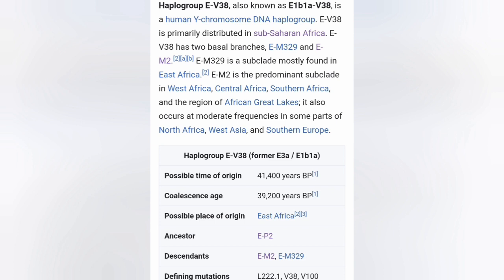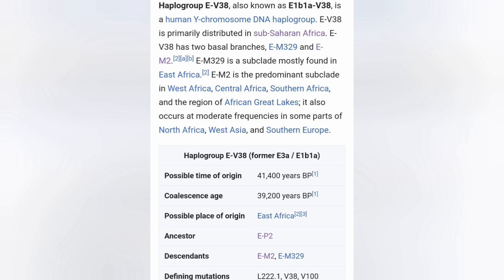So again, this is an exclusively African DNA, but you have seen some of this DNA in parts of southern Spain, in parts of the Middle East at a very, very low level, and on the island of Crete.